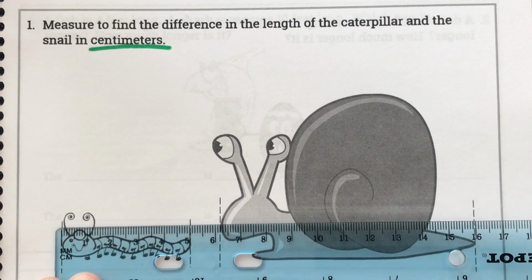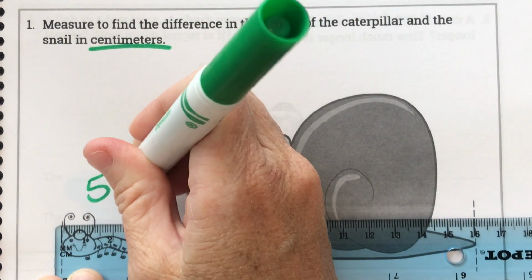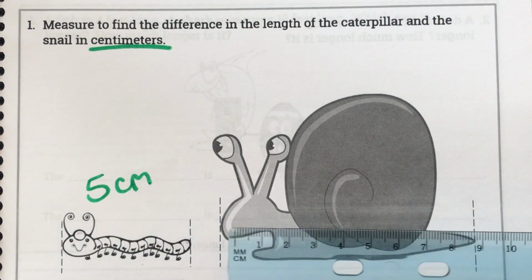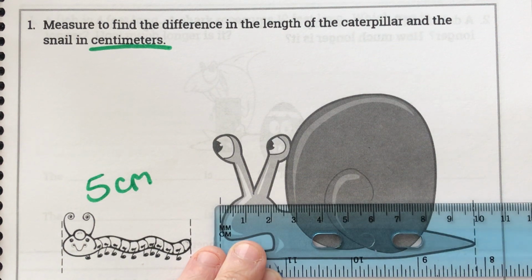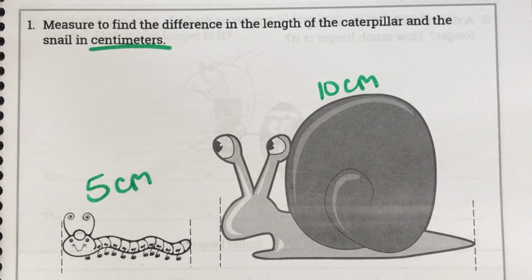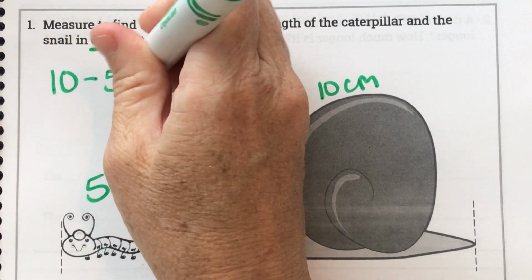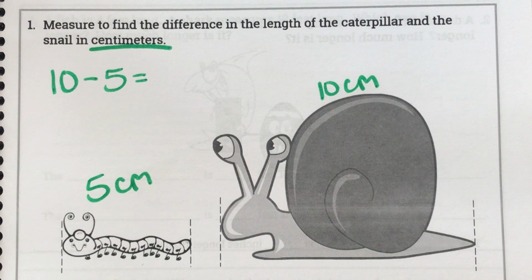So my caterpillar is 5 centimeters. My snail is 10 centimeters. Okay, so when I find difference, I always set it up with my larger number, take away my smaller number. So my problem is 10 take away 5.